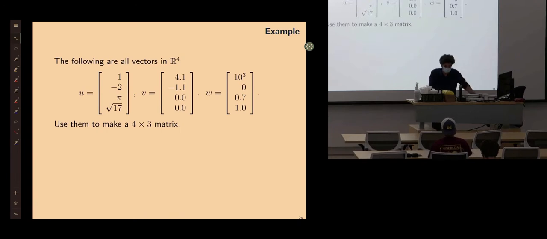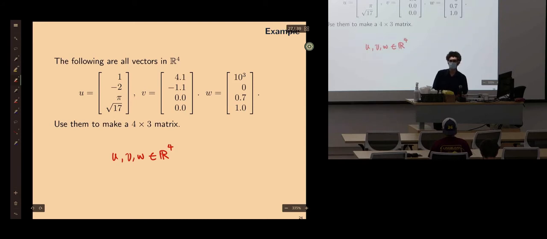Some examples. These are vectors in a 4-dimensional space. Why should we believe U, V, and W are in R4?